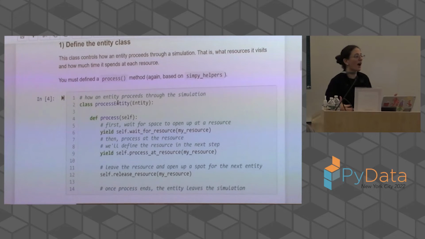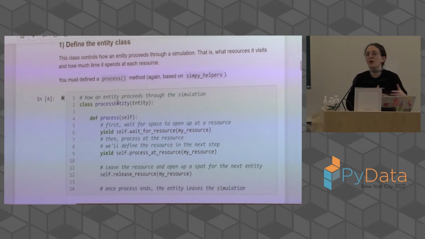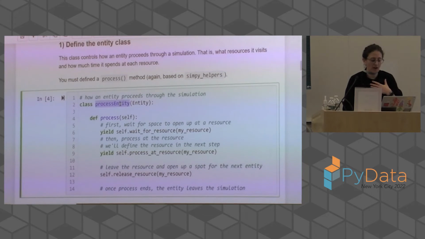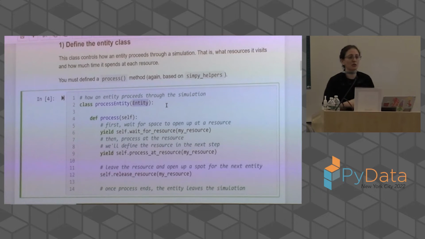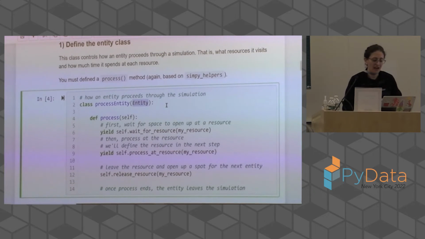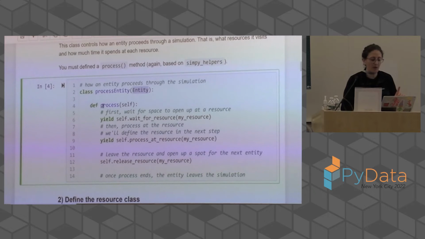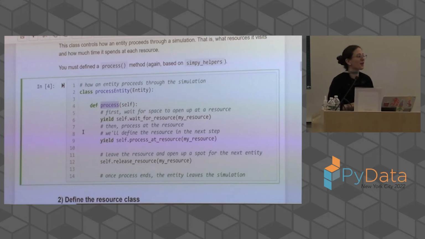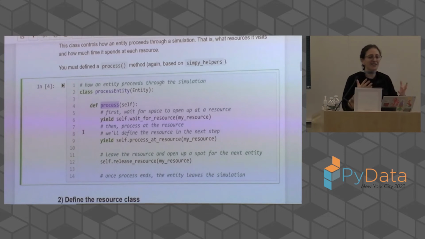Once the entity arrives, this is how it's going to flow through the simulation. And so process entity is what I call my class, and that's being extended from entity, which again is defined in SimPy helpers. And because we're doing that, in order for the whole thing to work, we have to define a method called process. And this tells us how my entity is going to be processed.